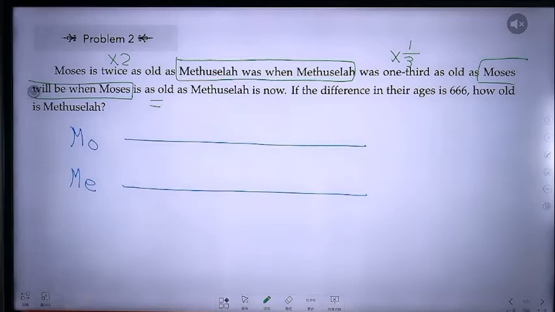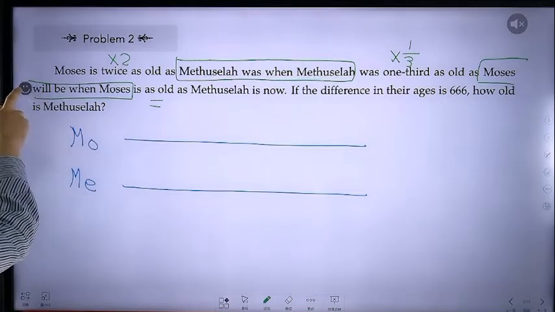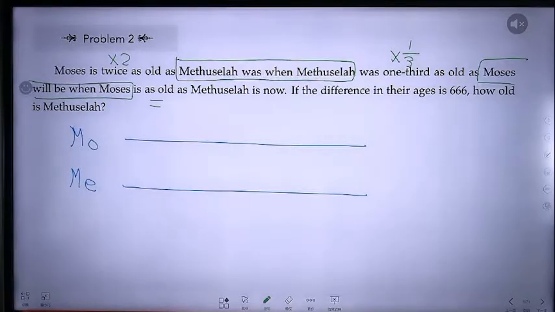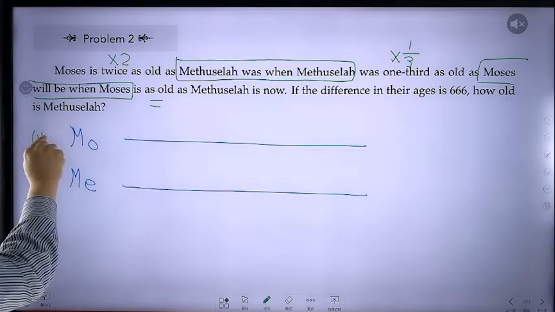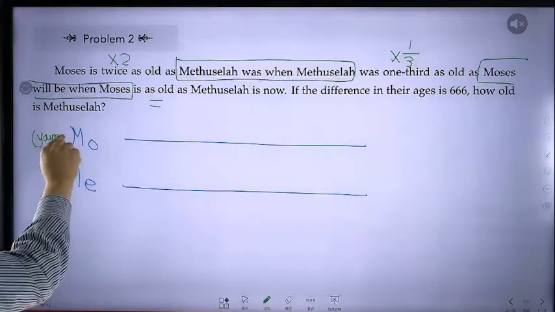Then one thing we need to figure out is who is older. Actually, from the phrasing, there's a word called will, and that gives us some idea. MO will be, when he is as old as ME now. Which means MO, this person, is younger, and the other person is older.